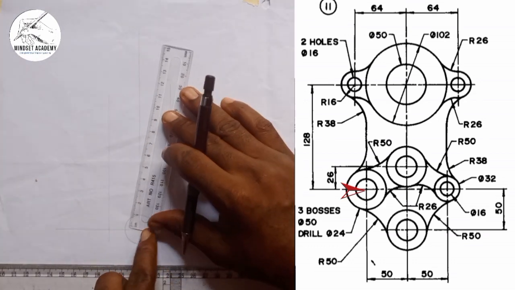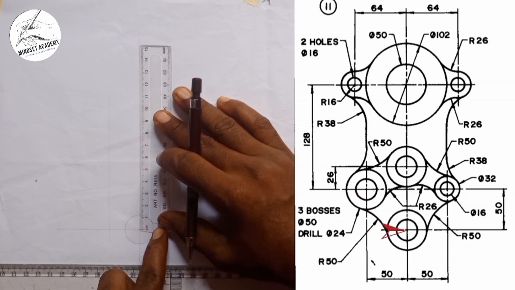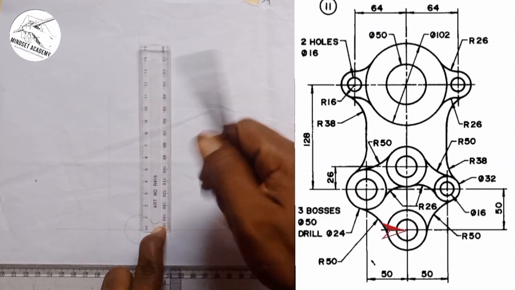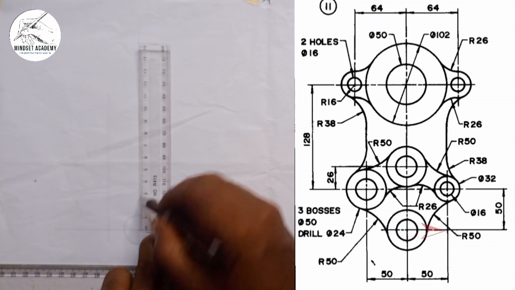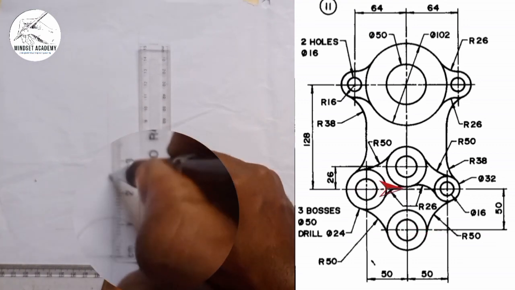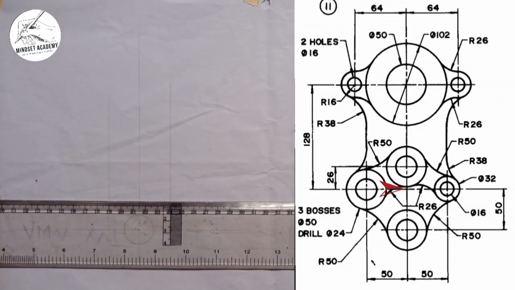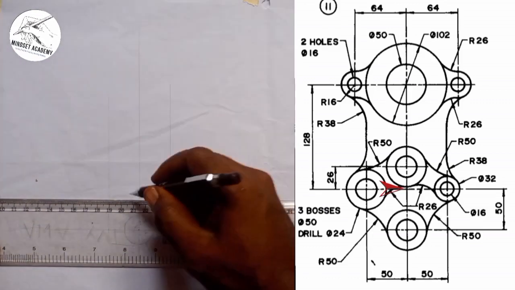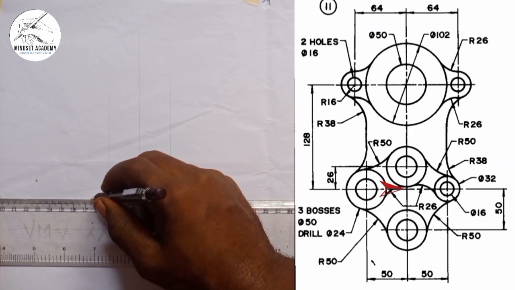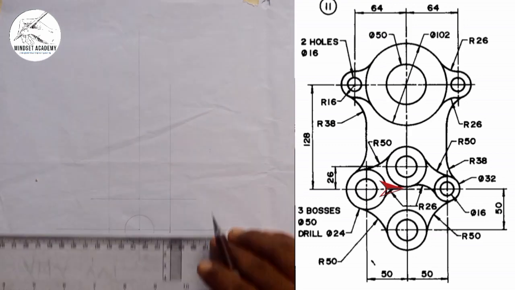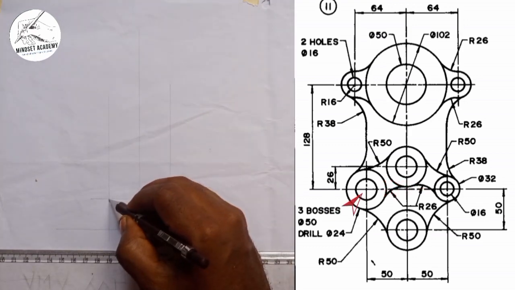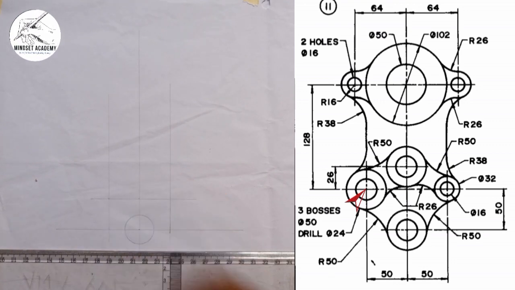So from here, I'll measure 50, that is 25, this 25 here. All good. And I'll take my set square and draw a horizontal line this way. So the point where the line meets this line here is the center of the second circle, the second boss.